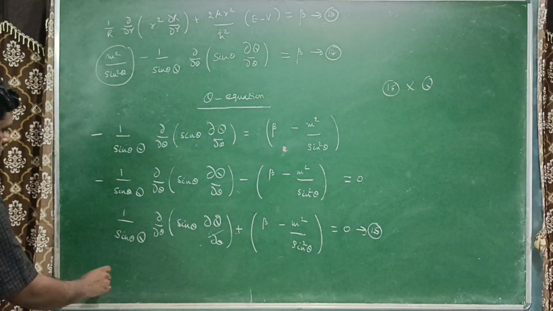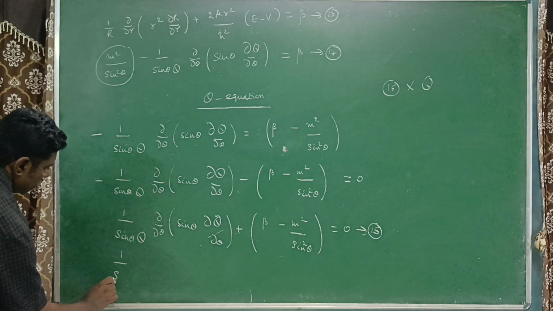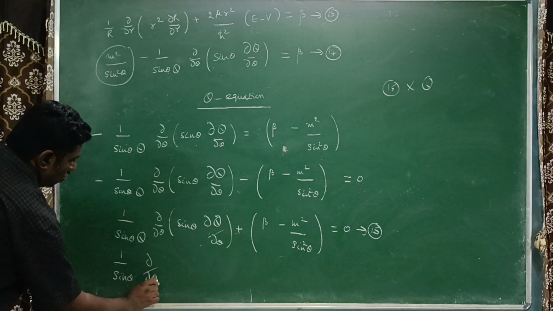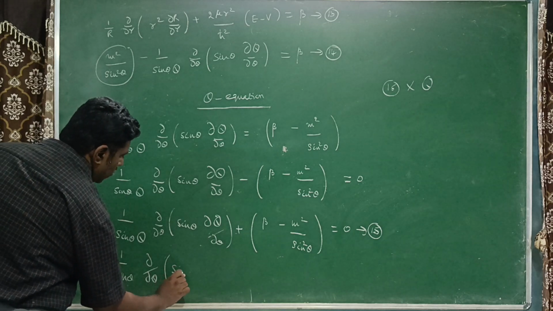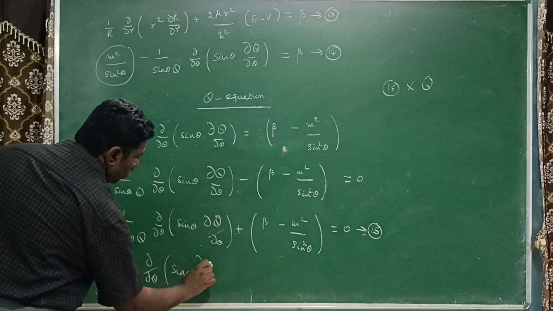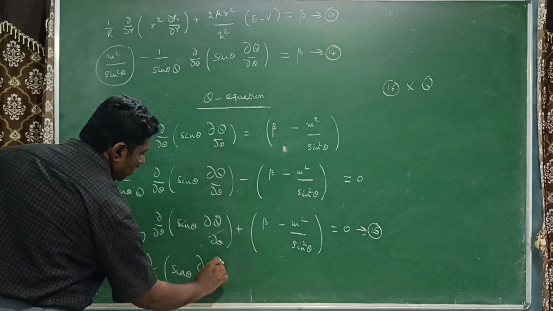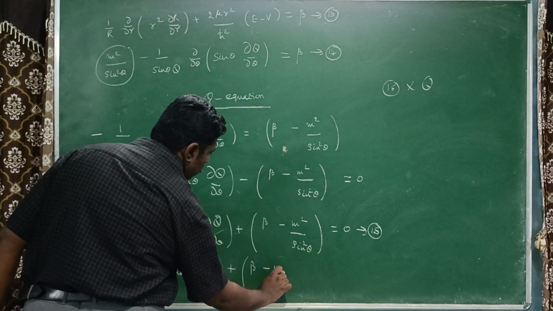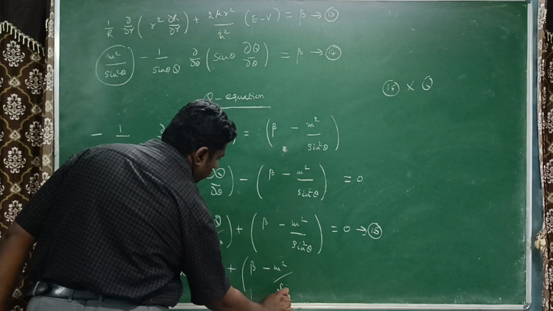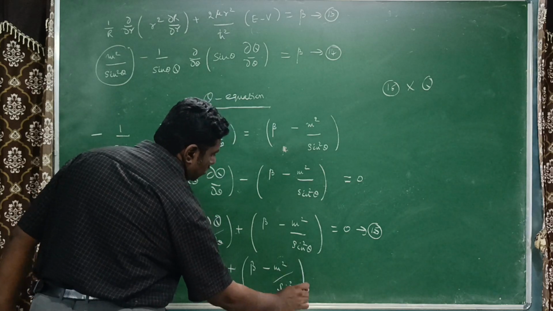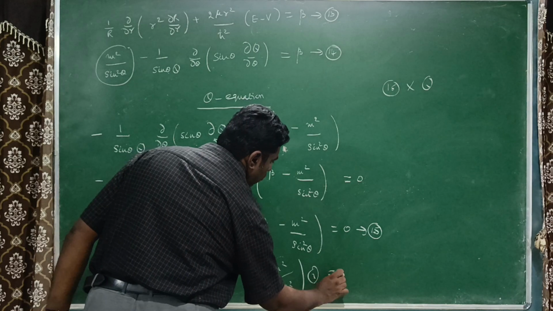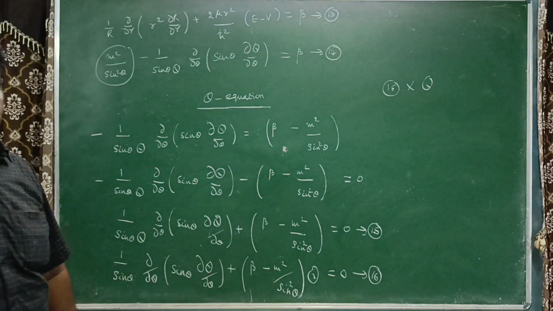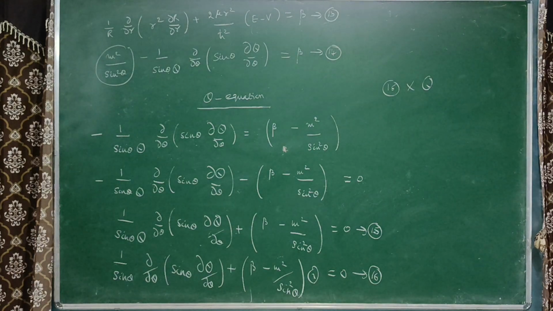Then we have 1 by sin theta, dou by dou theta, sin theta, dou capital theta by dou small theta, plus beta minus m square divided by sin square theta, this is multiplied by capital theta, equal to 0. So this is equation 16. This is called the theta equation.